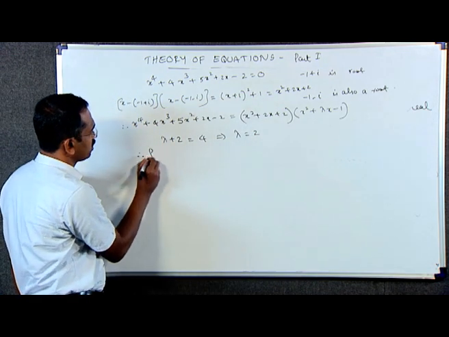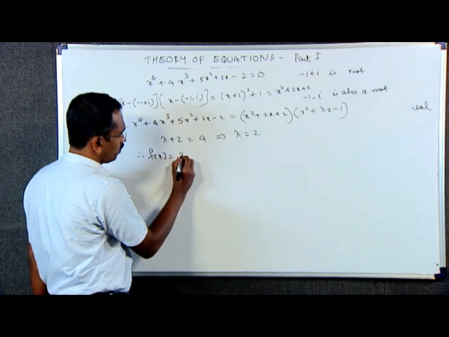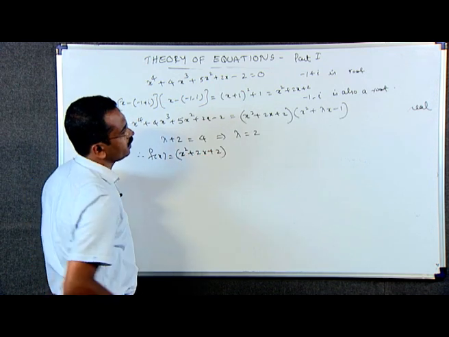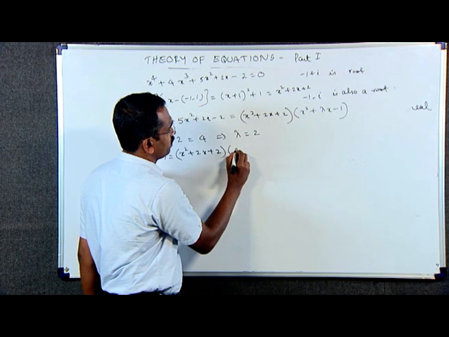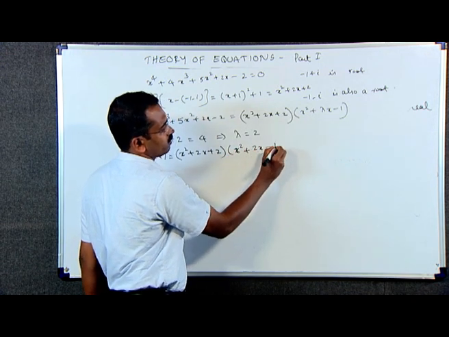Therefore, f(x) can be written as (x² + 2x + 2) into (x² + λx − 1), and λ is 2, therefore x² + 2x − 1.